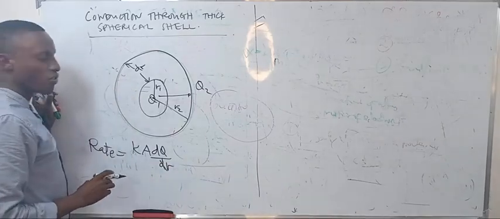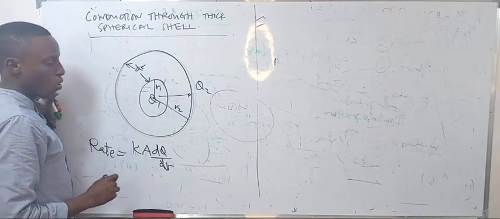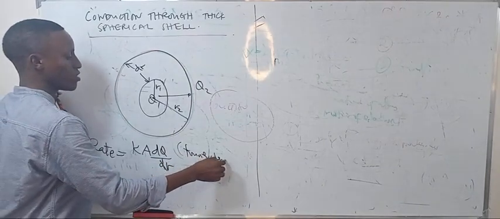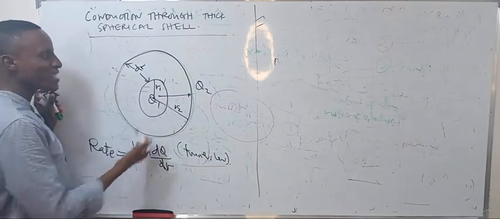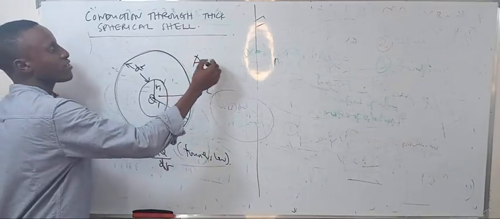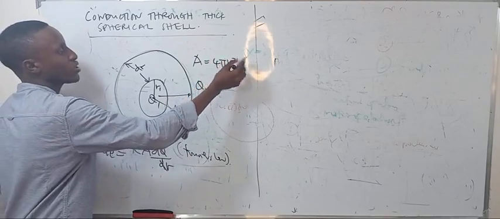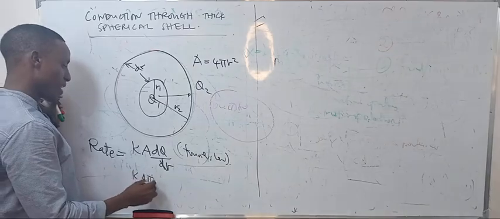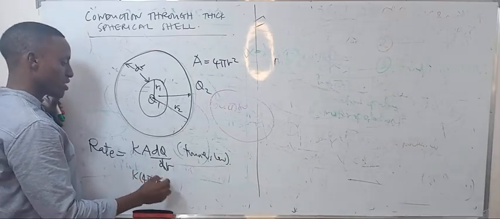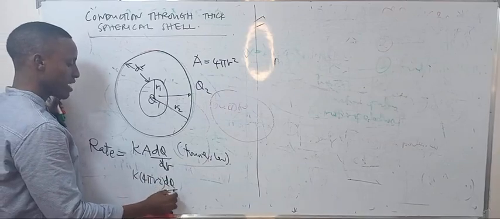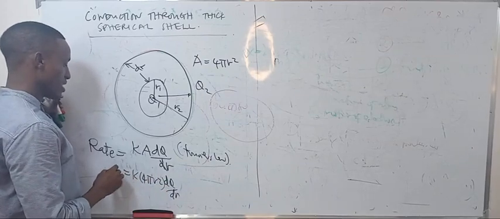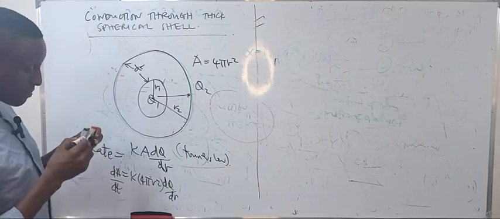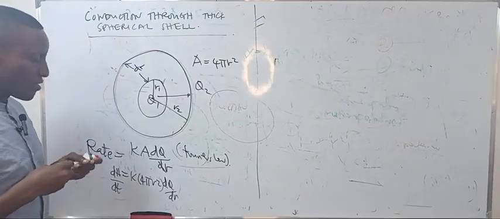This is from Fourier's law. What's the area for the sphere? The area for a sphere is 4 pi r squared. So we put it here as 4 pi r squared times d theta over dr. That's the rate of flow of heat. Is that good, Chief? That's good.